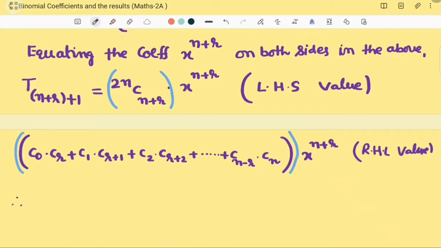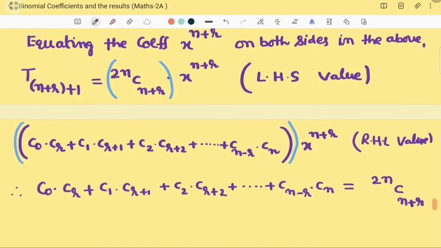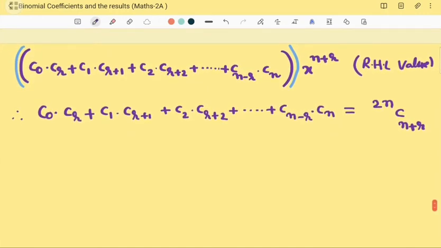Therefore, we will get C0 Cr plus C1 C(r+1) plus C2 C(r+2) plus and so on, C(n-r) into Cn is equal to 2nC(n+r). That's what they are asking to prove.